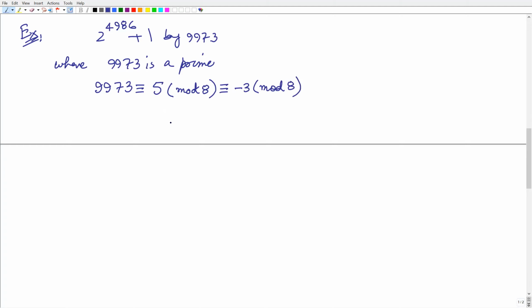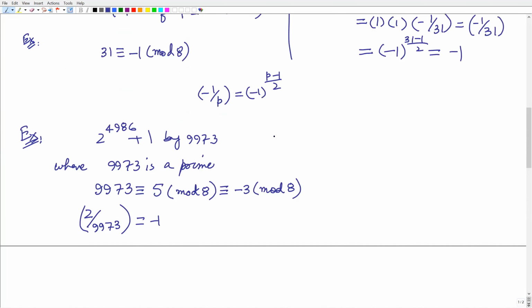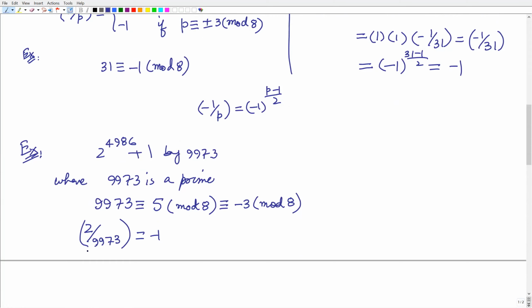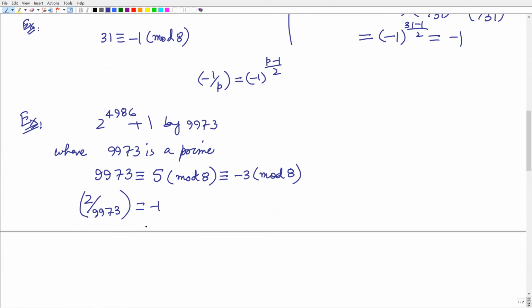It means the Legendre symbol of 2 over 9973 is minus 1, by using the result we discussed here. So the Legendre symbol of 2 for the prime 9973 is minus 1.